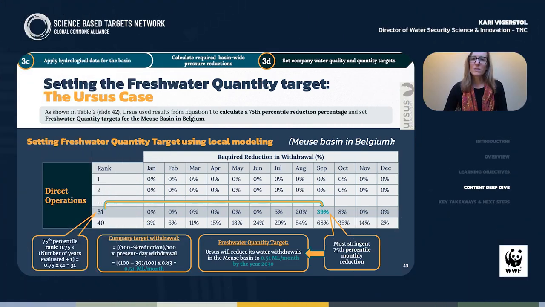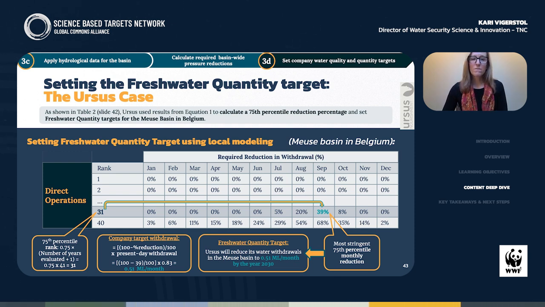Let's look at how the URSUS team set a freshwater quantity target for its Meuse basin. If we go back to our Table 2, it shows reduction percentages for a 40-year period of record, ranked by month and year. To determine its target, URSUS focused on the 75th percentile reduction percentage.